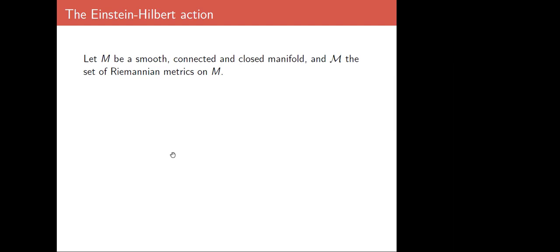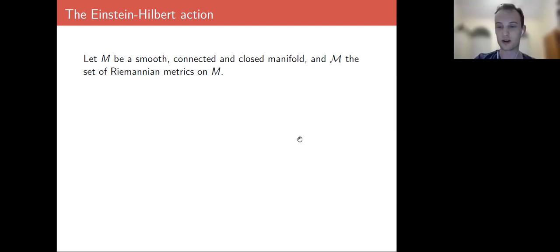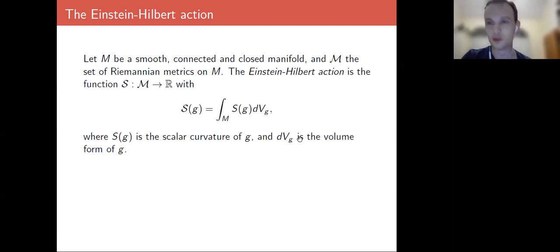The key object of interest in this talk is going to be the Einstein-Hilbert functional. Once you have a Riemannian metric on your manifold, you can do geometric things. You can talk about the volume form. You can also talk about various forms of curvature, the Riemann, the Ricci, and perhaps most relevant to us today, the scalar curvature.